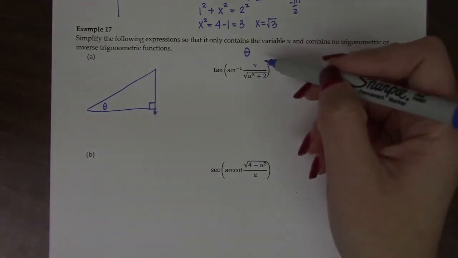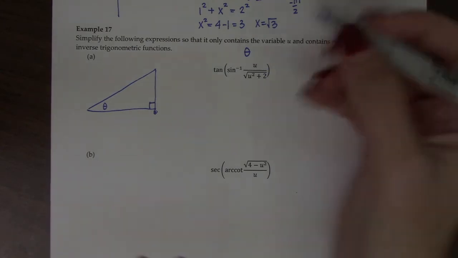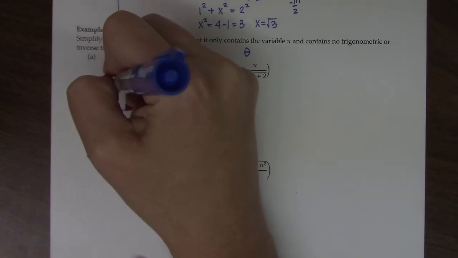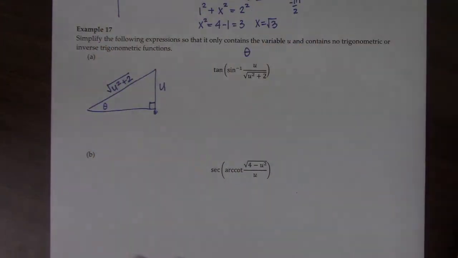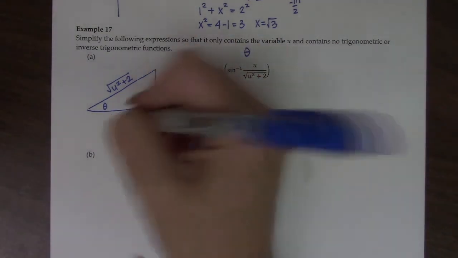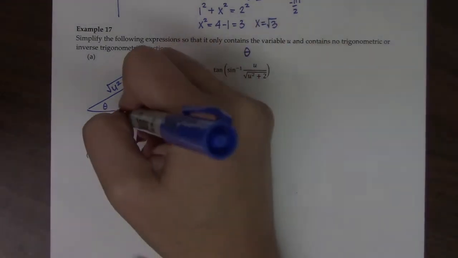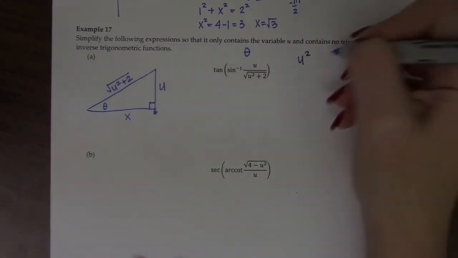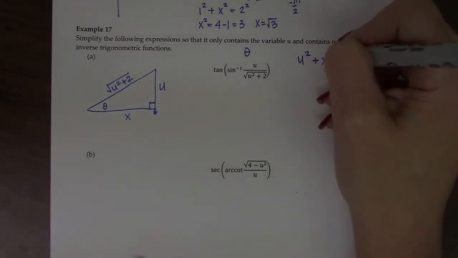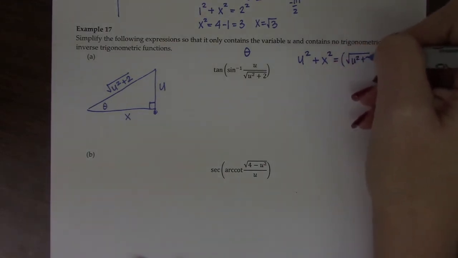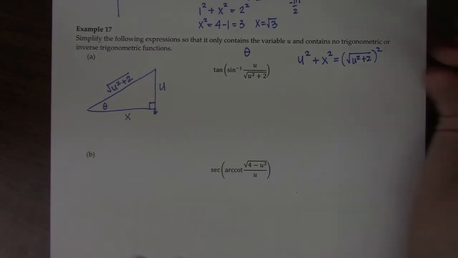And since sine is opposite over hypotenuse, the opposite side is u, and the hypotenuse is the square root of u squared plus 2. So now to find the missing side, I can do the Pythagorean theorem. So u squared plus x squared equals my radical squared.